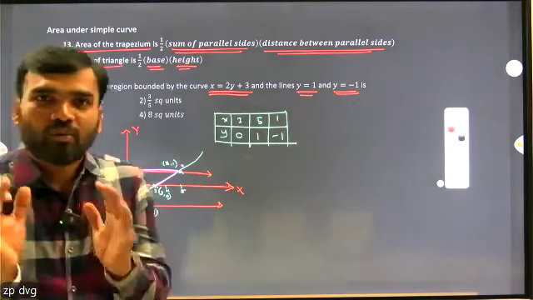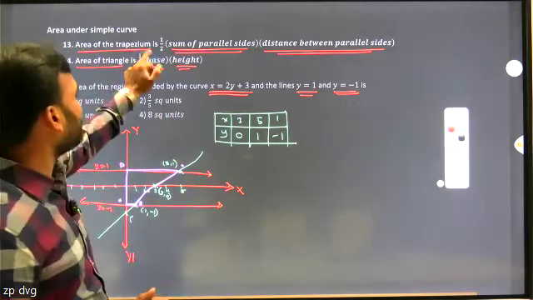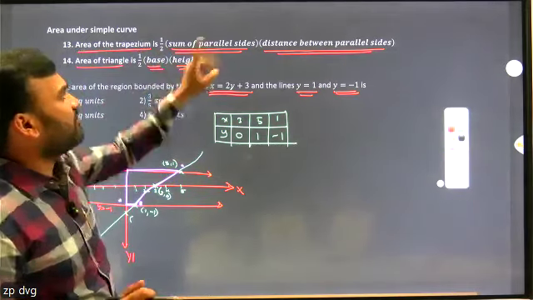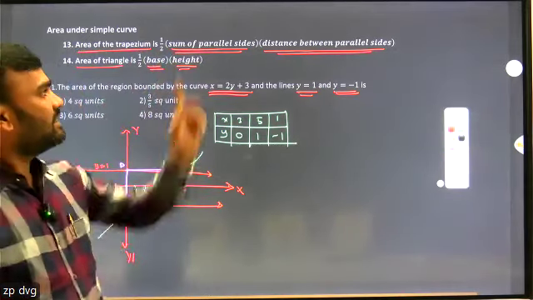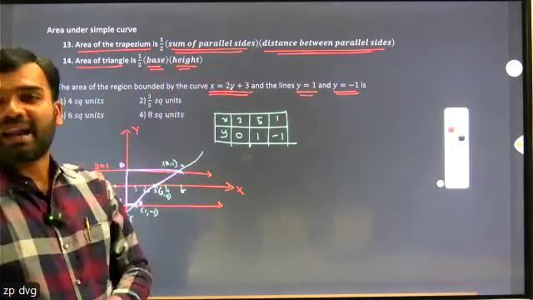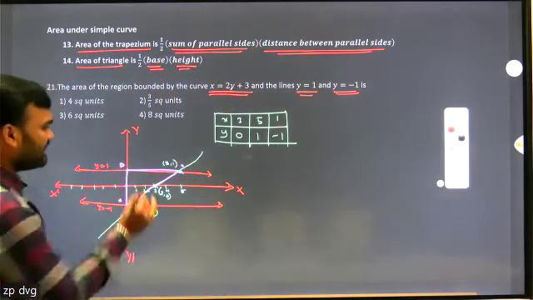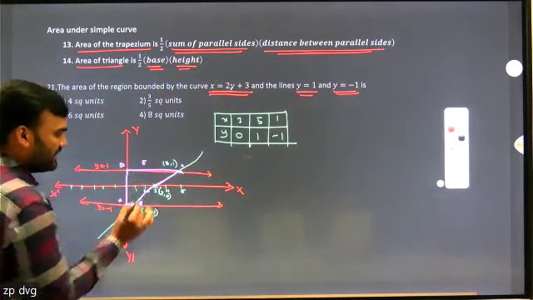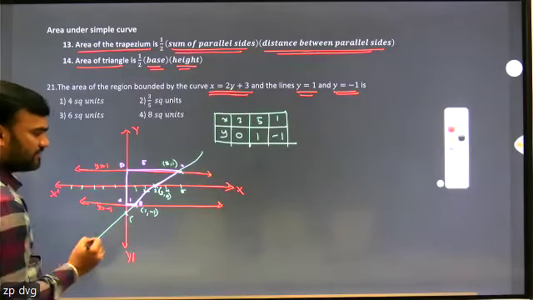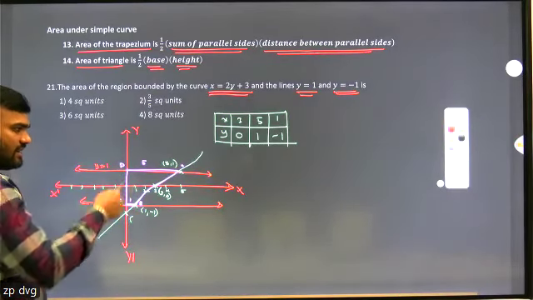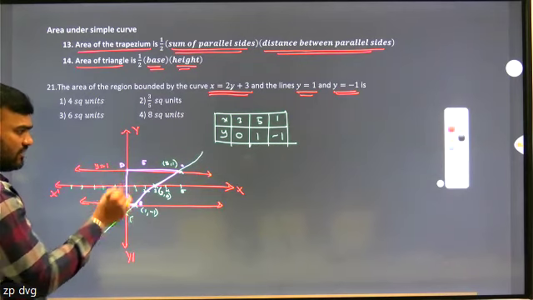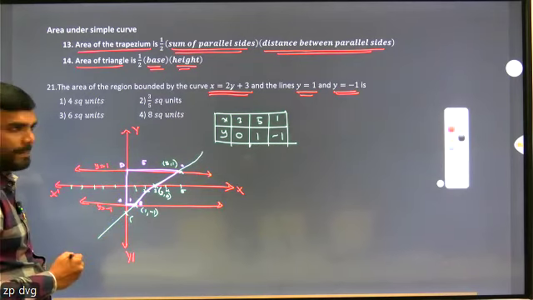See, the area of a trapezium is half into the sum of the parallel sides into the distance between the parallel sides. This distance is 5. This distance, here to here, is 1. Here 1, here 1, so the total AD value is 2 only.